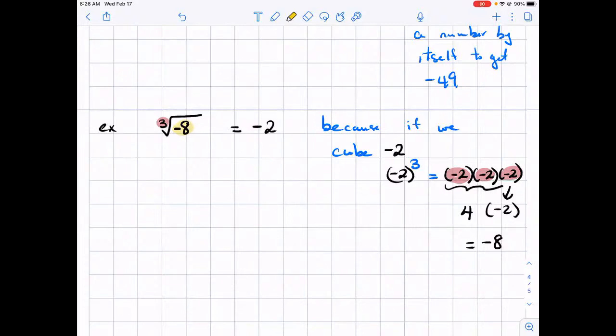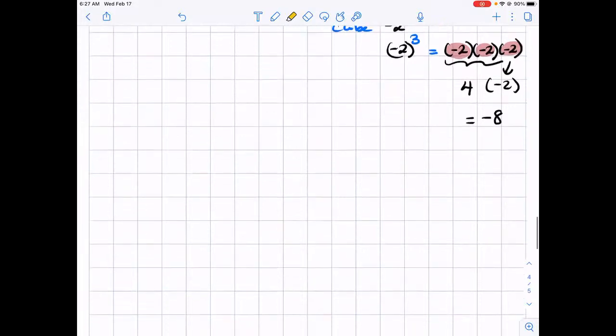The same thing happens for fifth root, but if it's a fourth root, it's not possible. If it's the fourth root, it's not possible. So let me just write a quick review of common square roots and common cube roots.